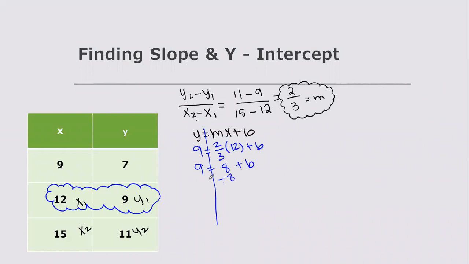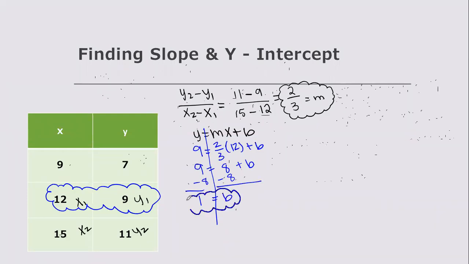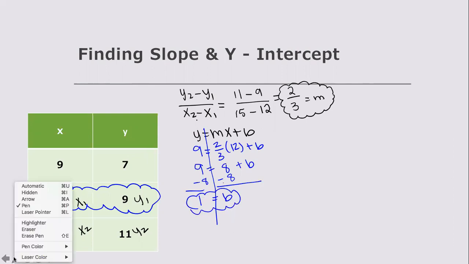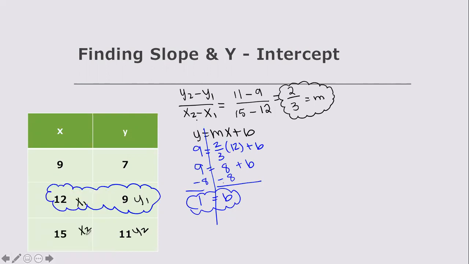I would subtract 8 from both sides. So 9 minus 8 will give me 1 equals b. So here's my y-intercept. So my equation would be y equals 2/3 x plus 1.